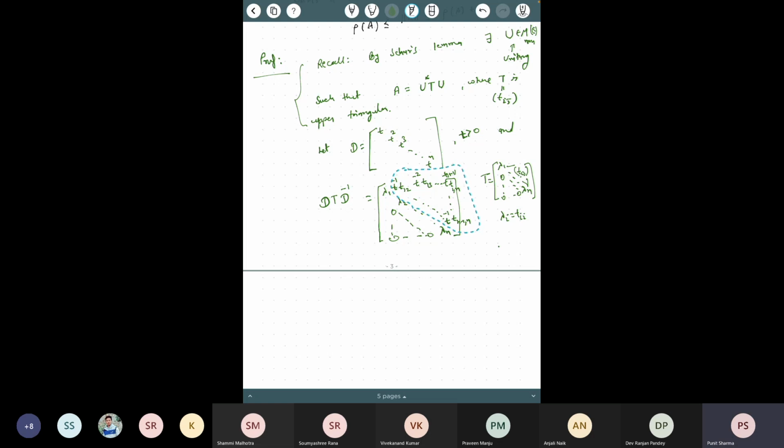So what you can say here is that for large t, the sum of the absolute values of the off-diagonal entries of D T D inverse is less than epsilon, if I choose t large enough.